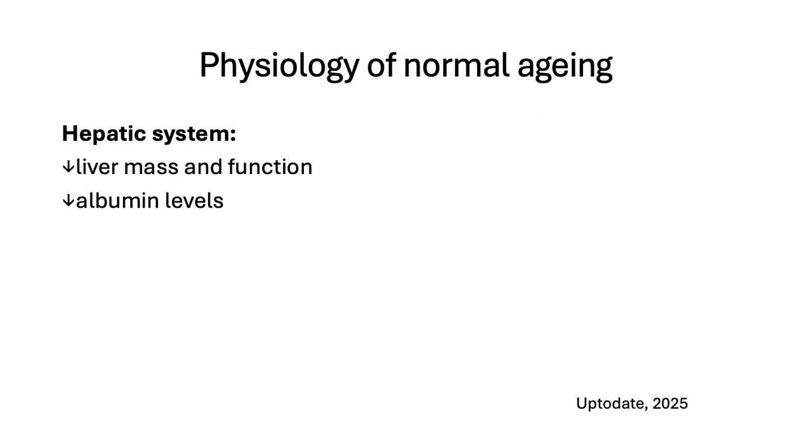One example is local anesthetics. So elderly patients are at high risk of local anesthetic systemic toxicity simply because some of the local anesthetics that we give are protein bound and because the albumin levels are lower.